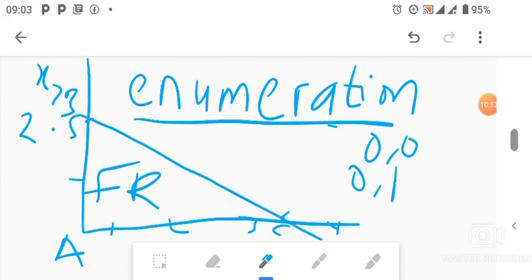Next, we have another point. If you look at your graph again, 0, 2. Is 0, 2 a point there on your graph? Definitely, it is also within the feasible region. The thing is, as you're picking these coordinates, they should be whole numbers. Someone might ask, why haven't we picked the coordinate 0, 2.5?